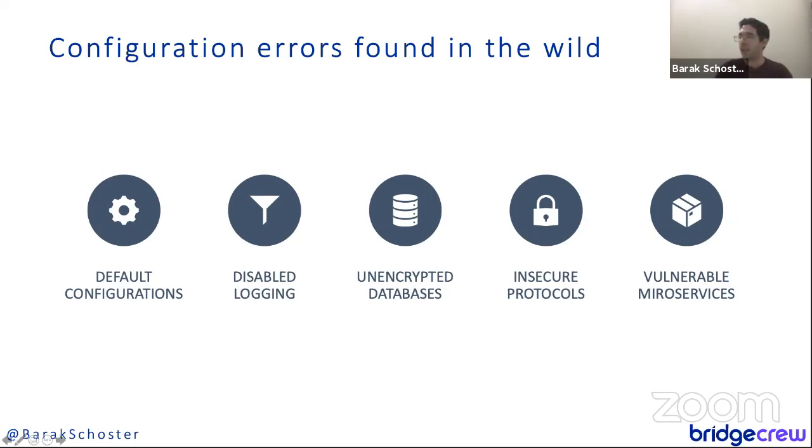What they tried to do is to understand, are those templates insecure? And what they found out is that 43% of the cloud databases mentioned in those templates do not have any encryption enabled, which is a huge amount of databases without encryption. And 76% of the cloud workloads had the SSH port exposed to the entire world.